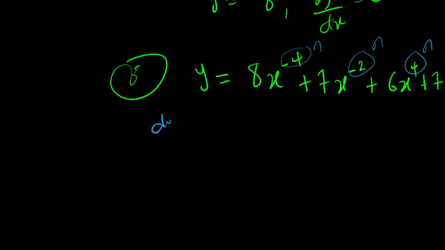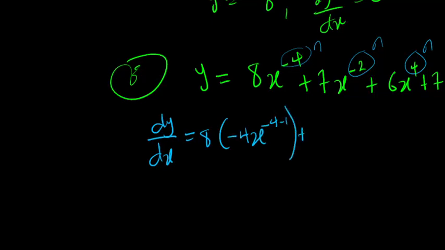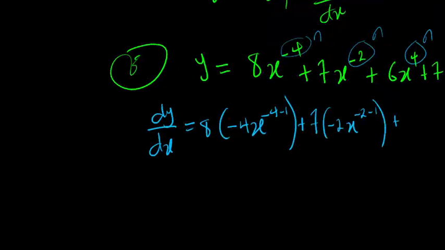So we just say dy dx is given by: 8 is a constant, so I just write minus 4x raised to power minus 4 minus 1, plus 7 times minus 2x raised to power minus 2 minus 1, plus 6 times 4x raised to power 4 minus 1.